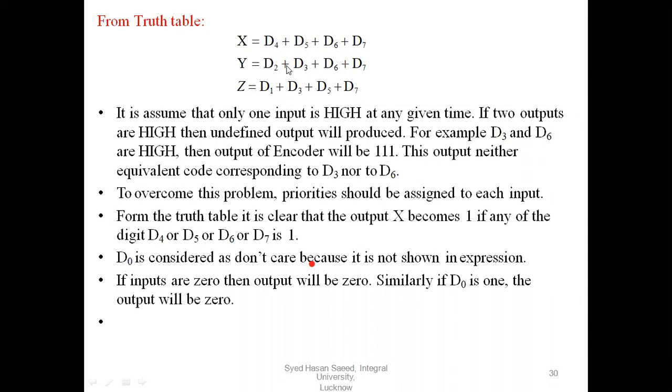X is equal to D4, D5, D6, D7. Y is equal to D2, D3, D6, D7. And Z is equal to D1, D3, D5, D7.